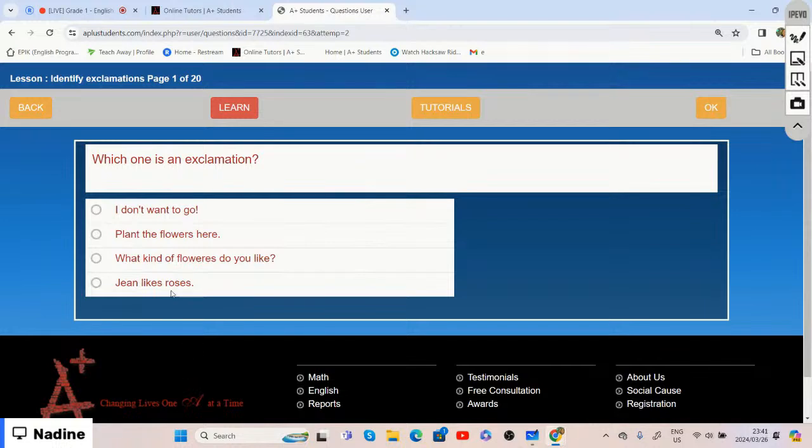Or the fourth one that says, Jean likes roses. We need to choose the sentence that is an exclamation. Remember, an exclamation ends with an exclamation point. So is it option 1, option 2, 3, or 4?